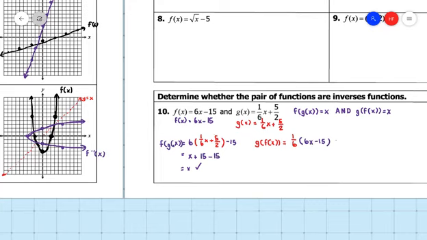And then I still have plus 5/2 on the end. Distribute the 1/6. 1/6 of 6 is 1, so we have 1x. 1/6 of negative 15 is negative 5/2. And then we have plus 5/2 there. So those two will cancel, leaving me just with x. So because I got x on both of those, we'd say overall that they are inverses.